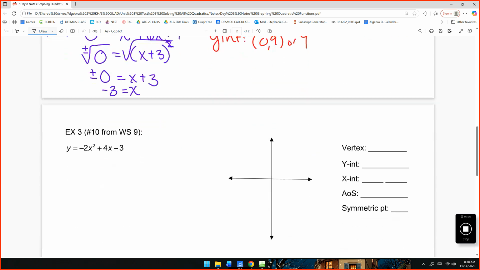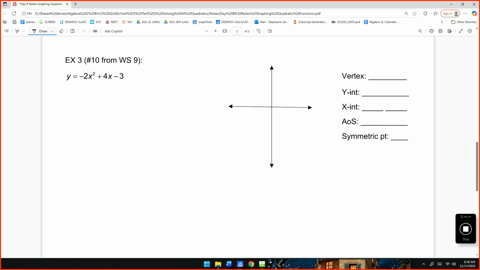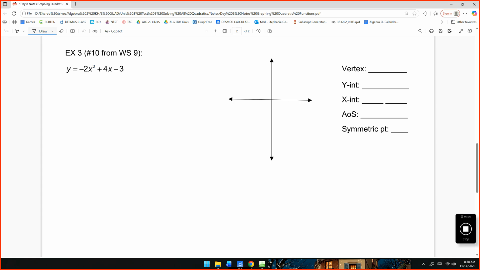Okay, let's do this one because I got one of each kind of scenario you're going to come across here. Okay, so example 3. Hop right in, we'll find the axis of symmetry. So this will be negative 4 over 2 times negative 2.